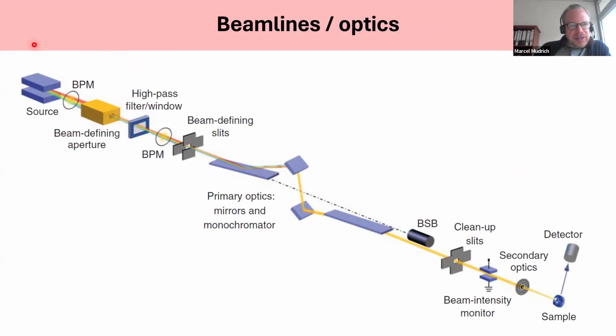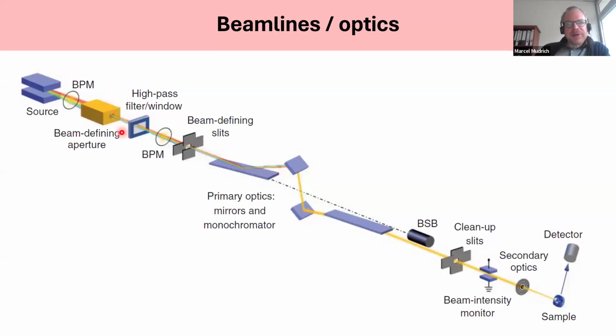Everything on the accelerator side here is radiation protected area. So there's lots of radiation. Yeah, we are talking about kilowatt of X-rays coming out here. So this is the area behind the big concrete walls where nobody is allowed to be during operation.